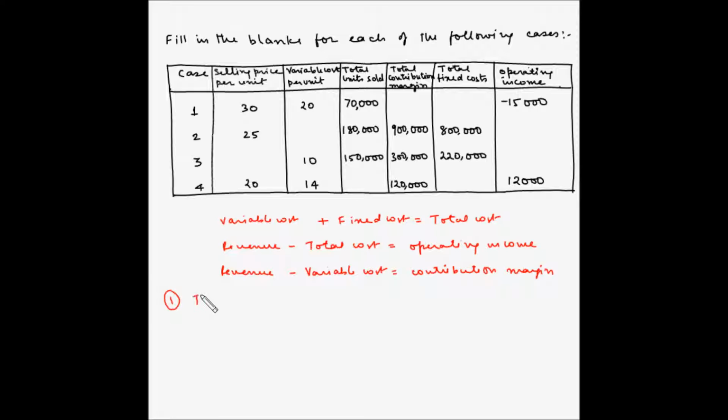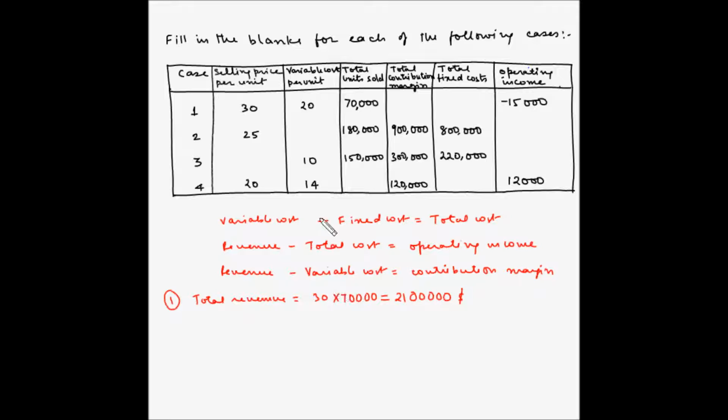So the total revenue for case number 1 will be equal to 30, which is the selling price per unit, multiplied by 70,000. 7 3s are 21, and 4 zeros, so $2,100,000.